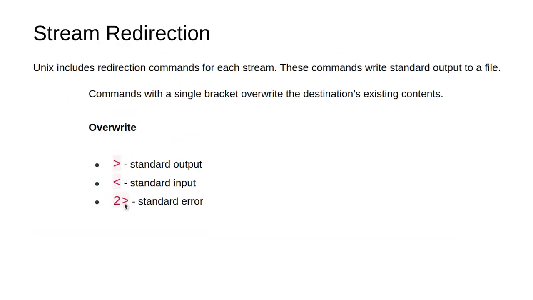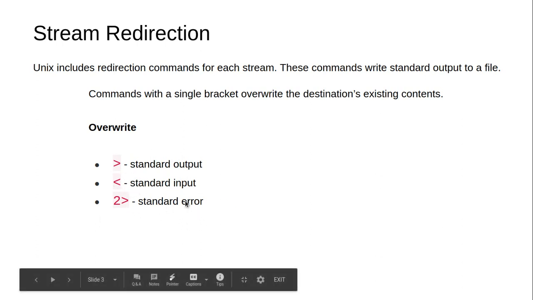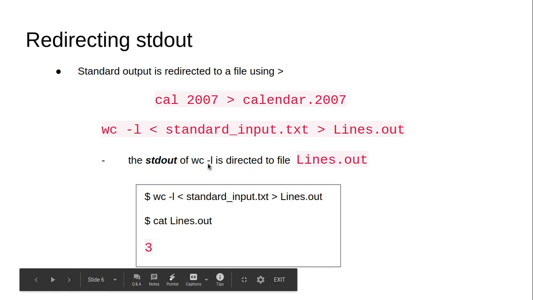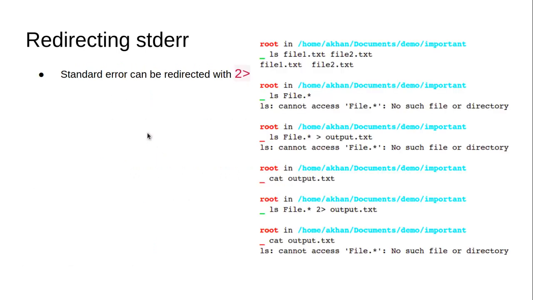We have seen standard output redirection, standard input redirection, and finally there is your standard error. In this stream redirection of standard error, we will see how we can redirect the error that we are encountering. By default the error is shown on your monitor, right? You will encounter the error directly on your monitor. I have two files, file1.txt and file2.txt.